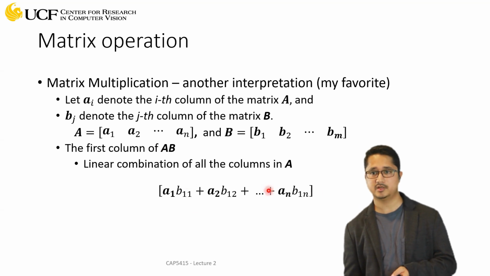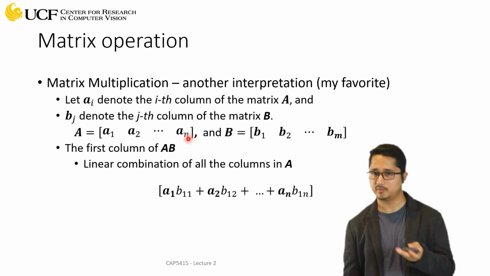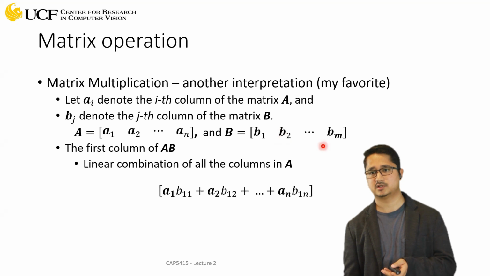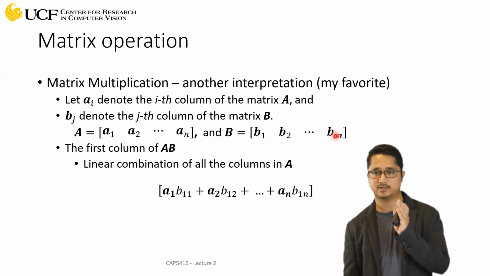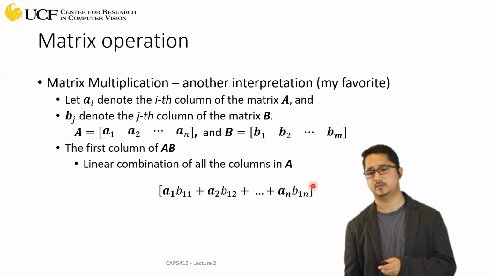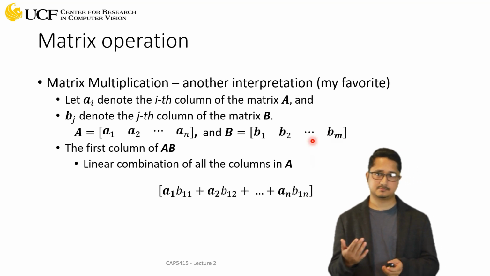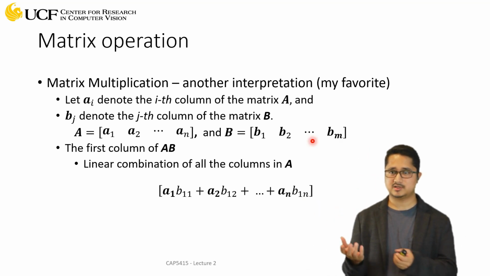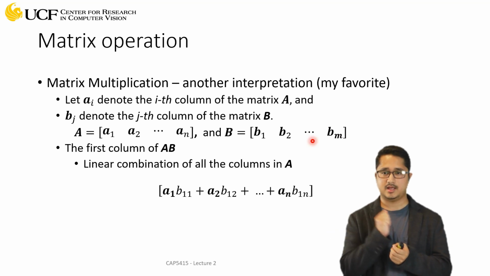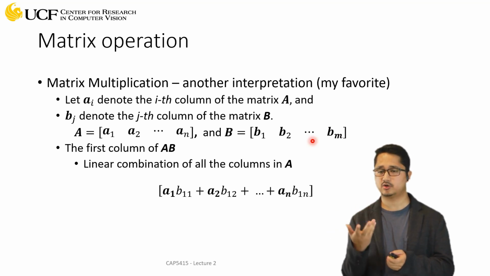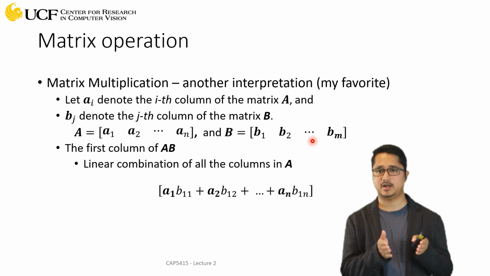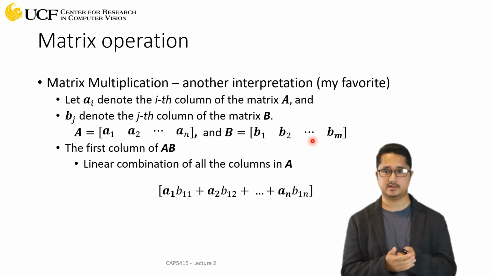The second column will again be a linear combination of all these columns, but the combination will be decided by the second column vector of B. For example, if we use the scaling values from Bm, then that column vector will be the mth column vector of AB. So basically, when you multiply two matrices, the resultant matrix will have a set of columns, and each column is going to be a linear combination of all the columns of matrix A. Okay, so that's one way of representing it.